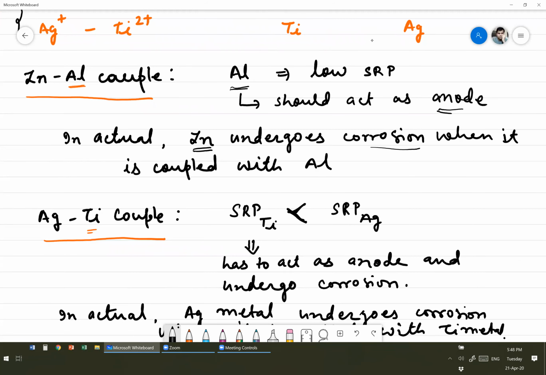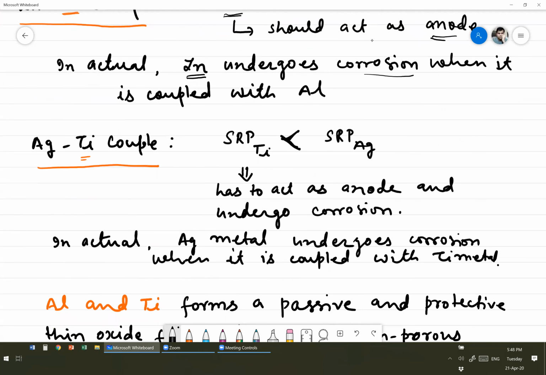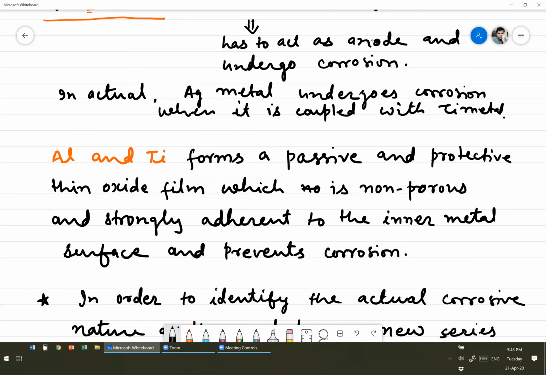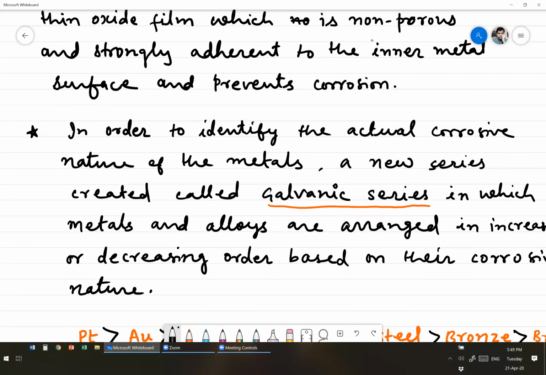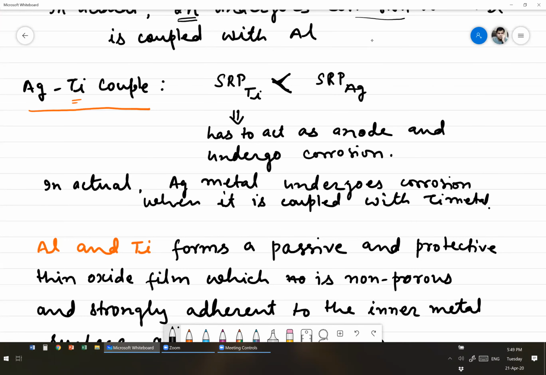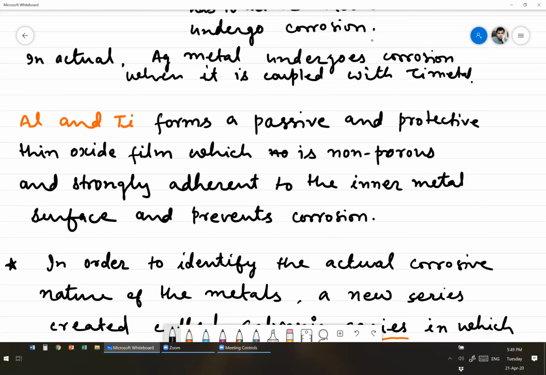This happens because aluminum has the tendency to form a very thin oxide film which is non-porous and very adherent to the inner metal surface and acts as a protective coating. Because of the formation of this metal oxide film, the standard reduction potential of aluminum increases.